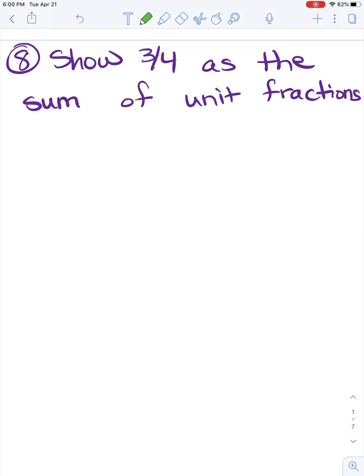Here we're going to show 3/4 as the sum of unit fractions. Remember those key words, okay? Sum. Remember how we write it. It means addition. Unit means 1. And then our fraction is out of fourths, okay? So, how many fourths do we have? We have 3/4.